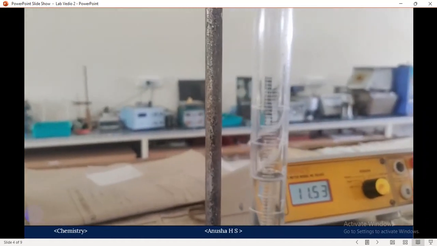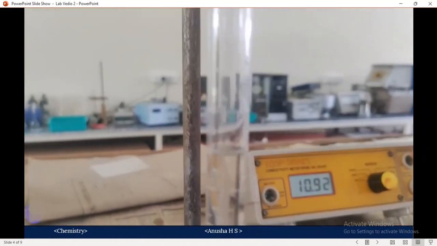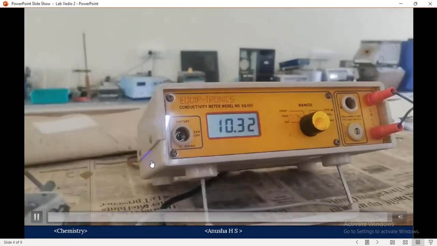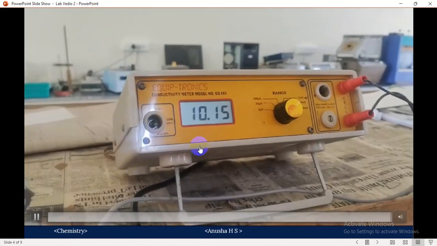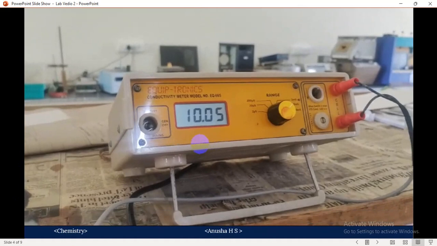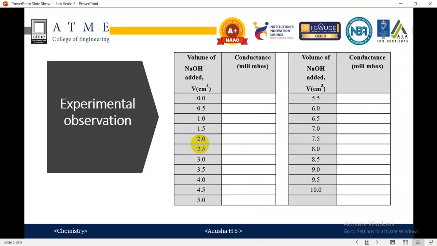Now we have to observe the increase in the conductance after complete neutralization of the solution. For the experimental observation, the volume of NaOH solution is added in steps of 0.5, 1, 1.5.